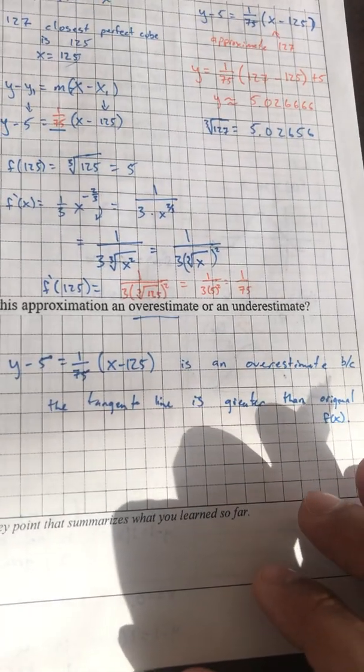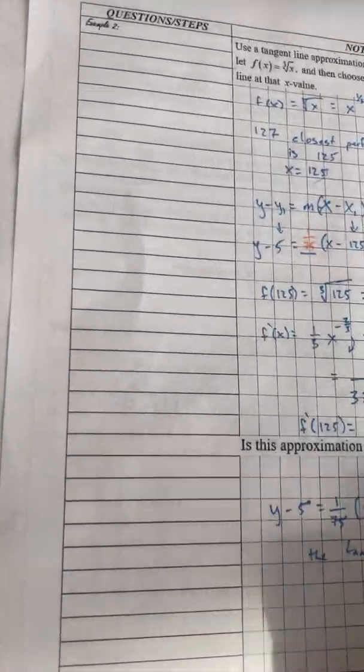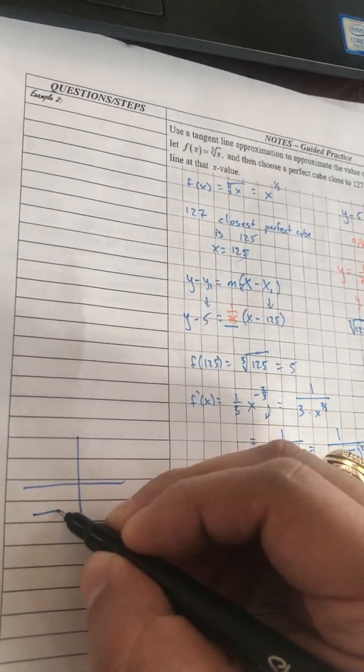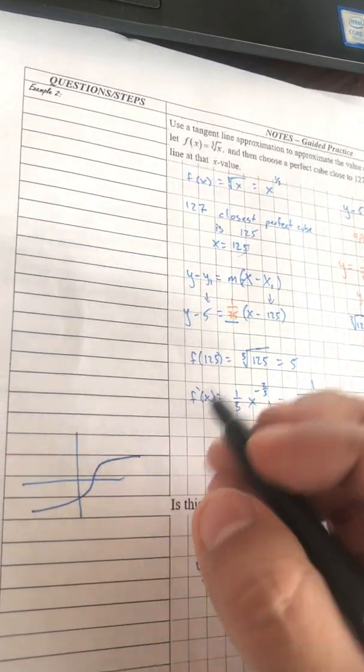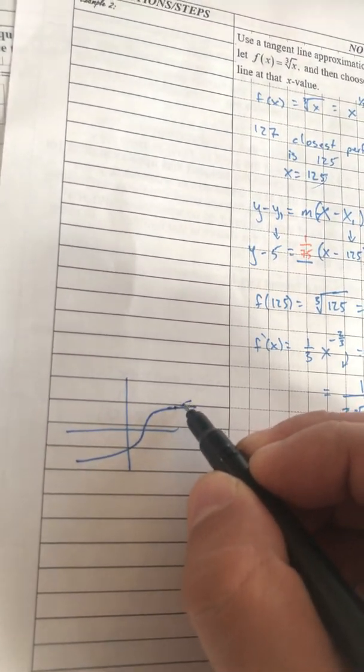How does this look in a graph? If you're to graph this equation, the function will go something like this, and if you go to that point, we draw a tangent line.